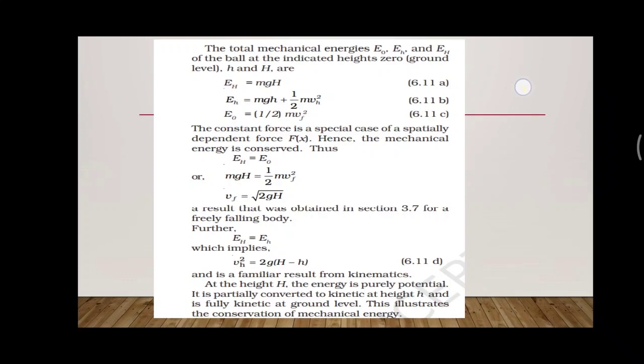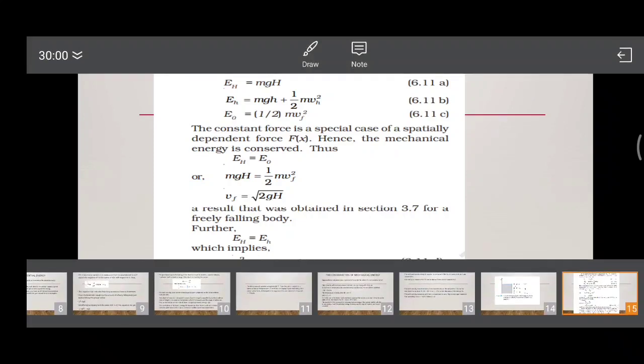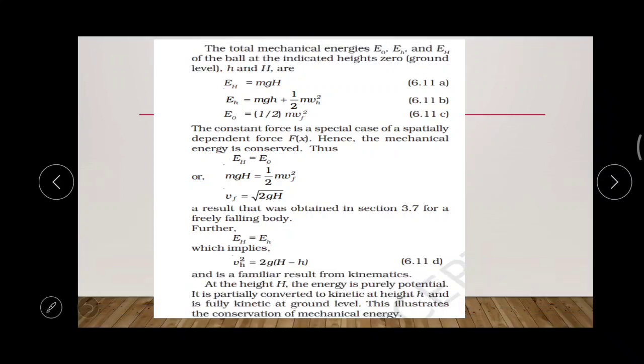So we can say mgH will be equal to half of m vf square. From this relation, you can derive Vf, the final velocity, as root 2gH.